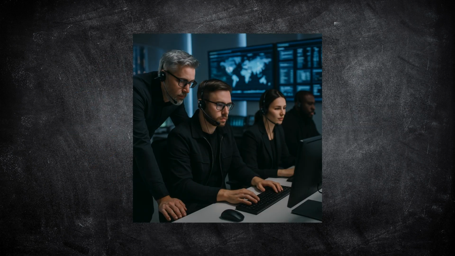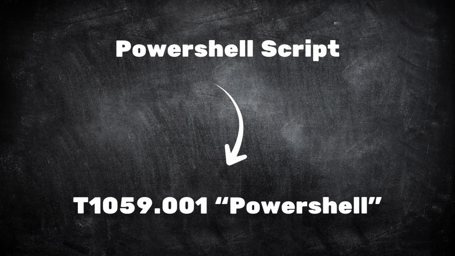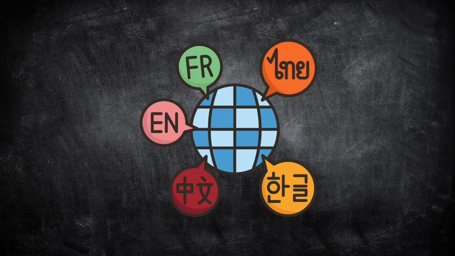Incident response teams use ATT&CK to describe attacks in a standardized way. Instead of saying, the attacker ran a PowerShell script, they can say, the attacker used technique T1059.001, PowerShell, making it easier to share and compare findings across teams. For product vendors and SIEM platforms, ATT&CK provides a universal language.